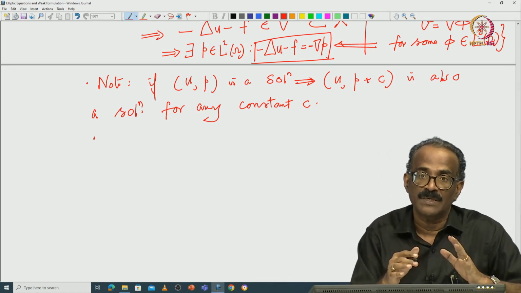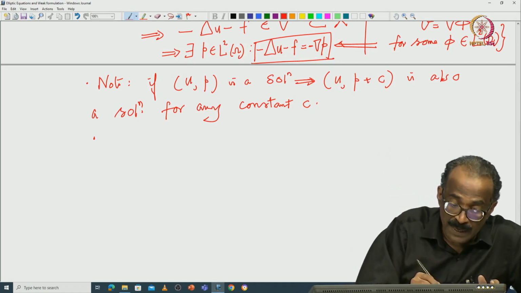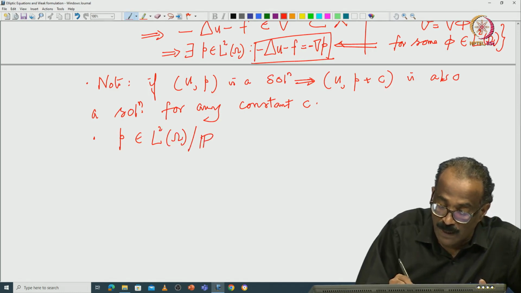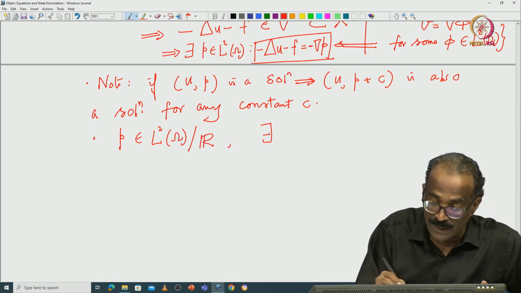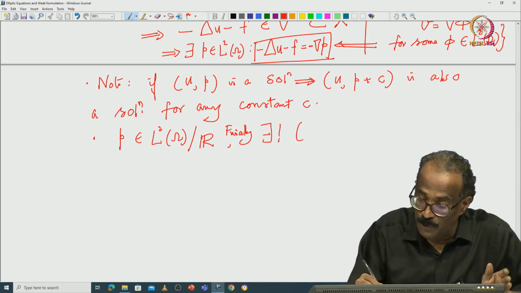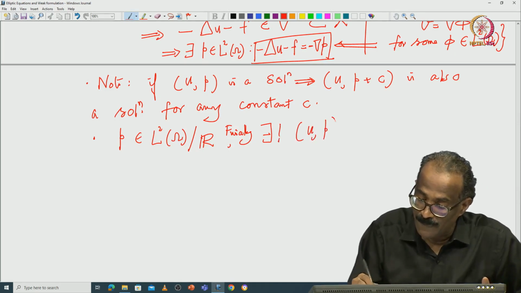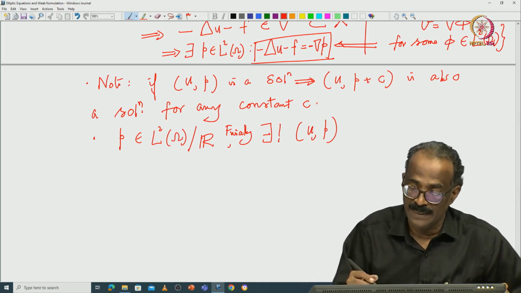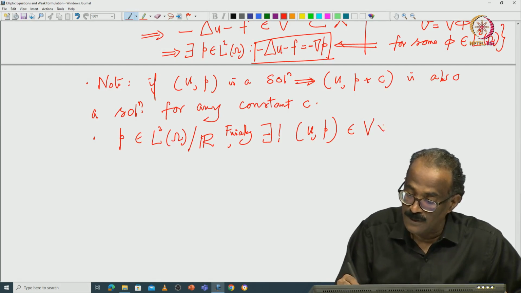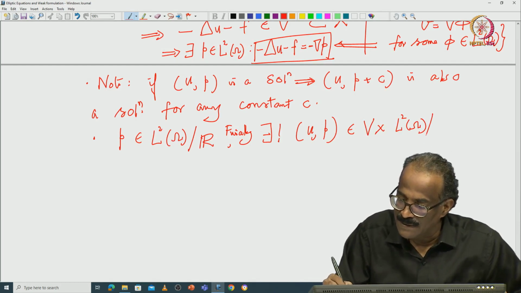Your P you will be looking in L2 of omega, quotient out with R. So, finally what you get is that there exists a unique U, P, where P is the equivalence class, in V cross L2 of omega modulo constants.